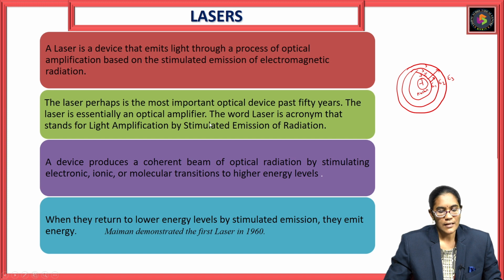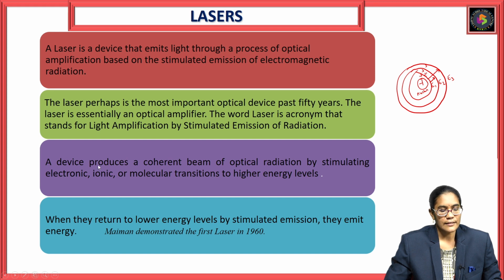L stands for light, A stands for amplification, S stands for stimulated, E stands for emission of radiation. So it works on the principle of light amplification by stimulated emission of radiation. During this process, many electronic transitions are present in the light amplification of lasers.